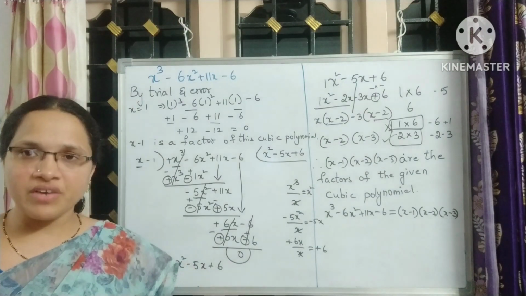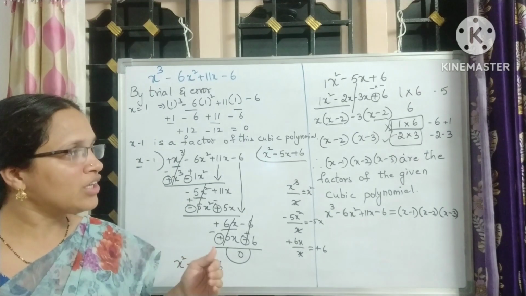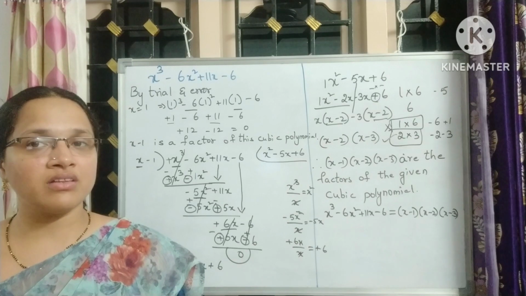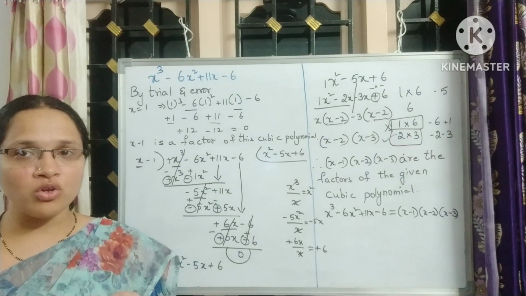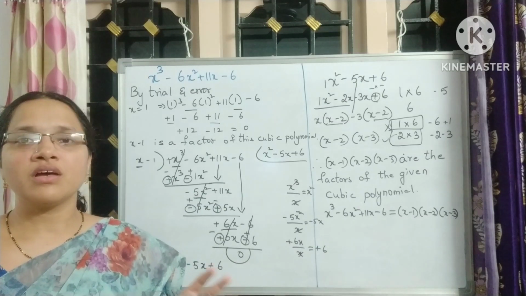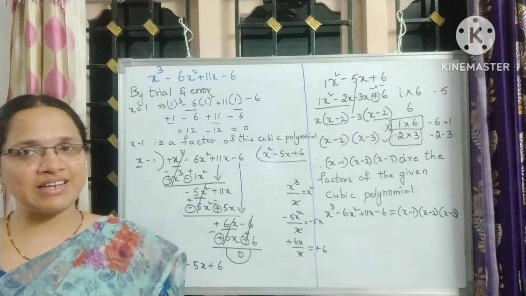Whichever way is easy for you, please follow that and continue, so that you are not losing marks. Follow the process correctly. You can follow any of the methods, but see that you get the correct answer. Is that clear, all of you?